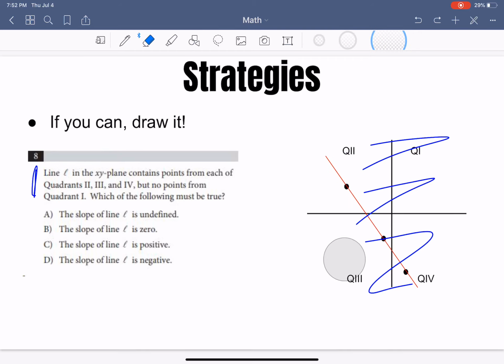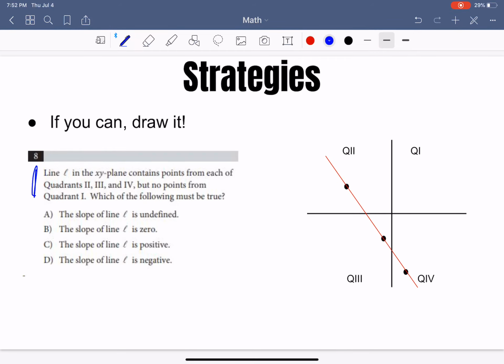So the best way to solve this is to draw it. You have quadrant 1, quadrant 2, quadrant 3, quadrant 4. It tells you there's a point in 2, 3, and 4. You can literally draw it anywhere. I can draw a point here, a point here, and a point right here. It doesn't matter as long as there's a point in quadrants 4, 3, and 2, and no point in quadrant 1.